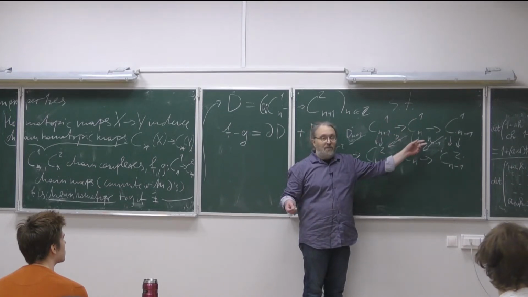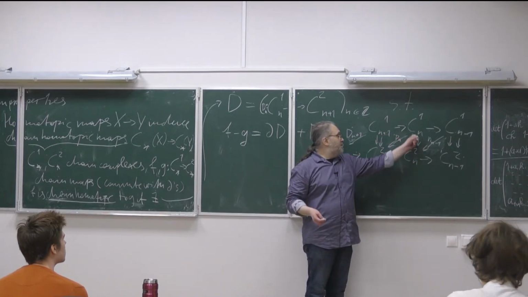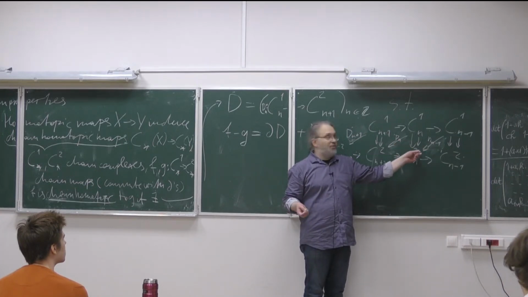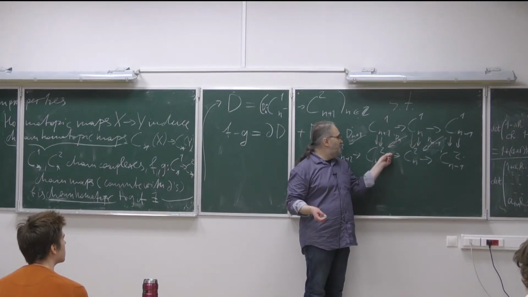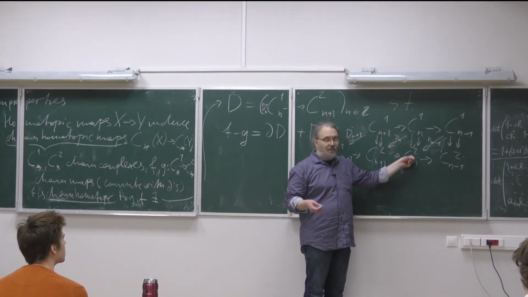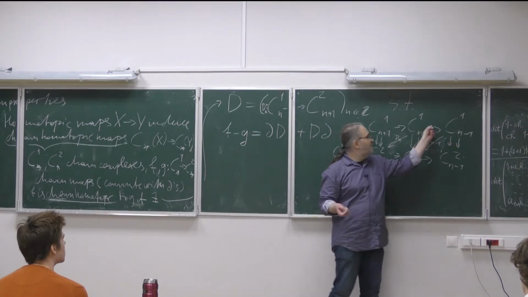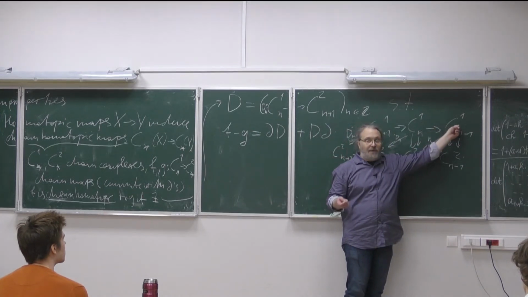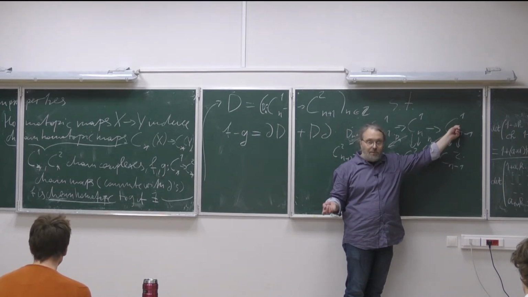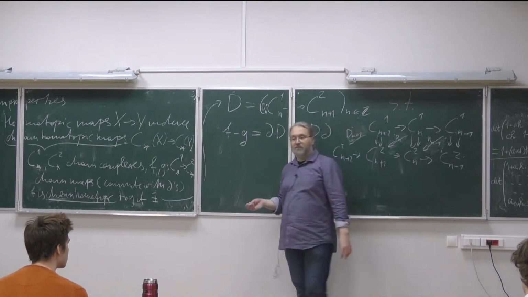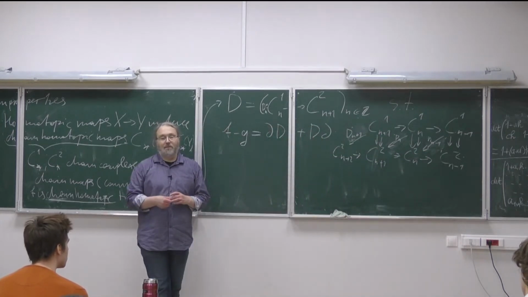And the requirement is that the difference f minus g should be dn composed with delta, the differential of C2 in degree n plus 1, plus first the differential in C1 in degree n, and then dn minus 1. Does this make sense?